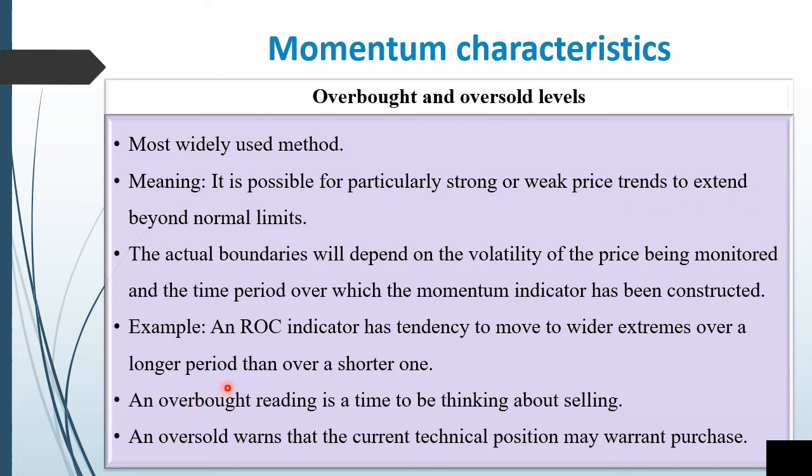Example, an ROC indicator has tendency to move to wider extremes over a longer period than over a short period. An overbought reading is a time to be thinking about selling. And oversold warns that the current technical position may, meaning to say that oversold is the best time lah to buy.